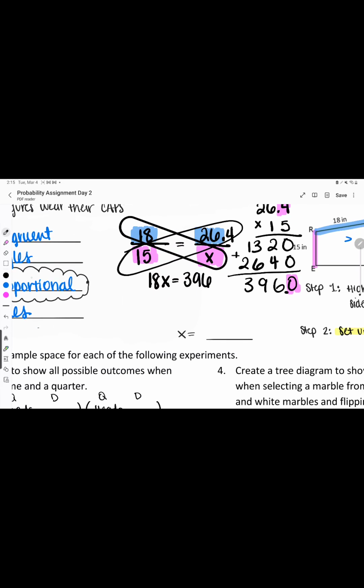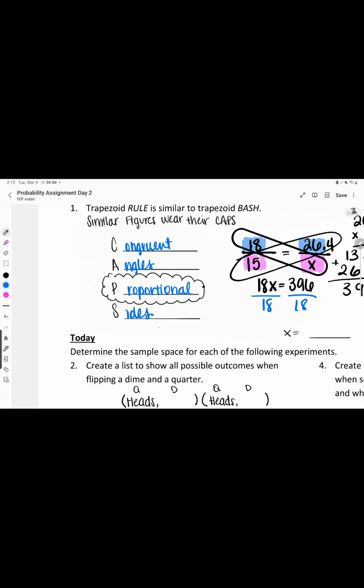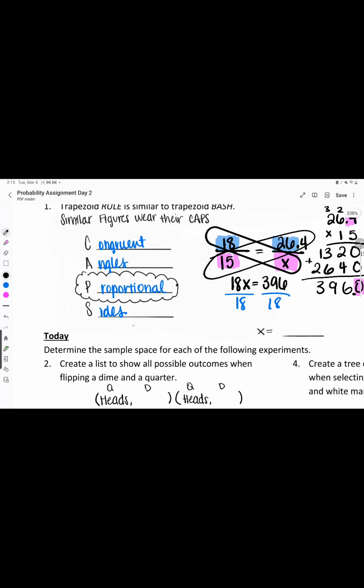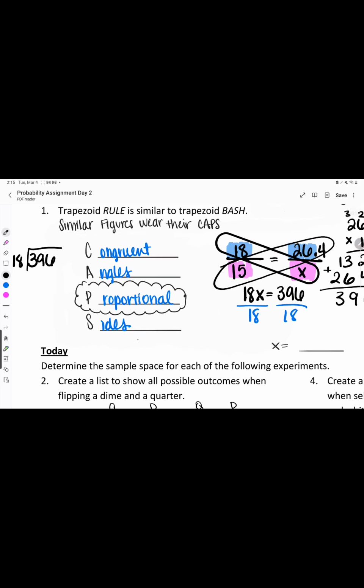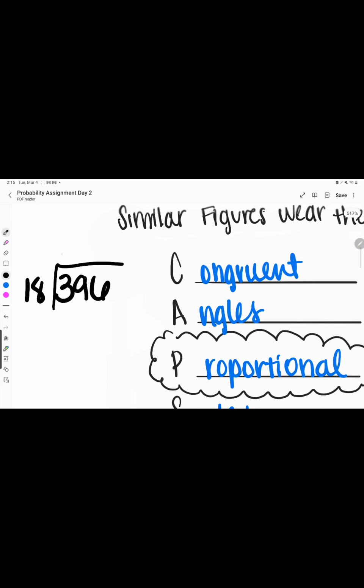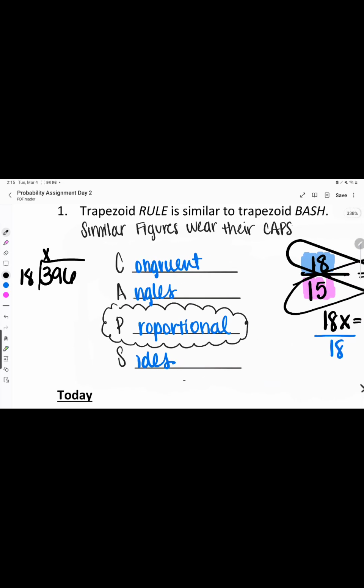And then what do I do to both sides? I divide both sides by 18. So which one goes on the inside of the house? 18, because 396 is on top, so we have 396 divided by 18. 18 doesn't go into 3. It does go into 39. It goes into it twice.